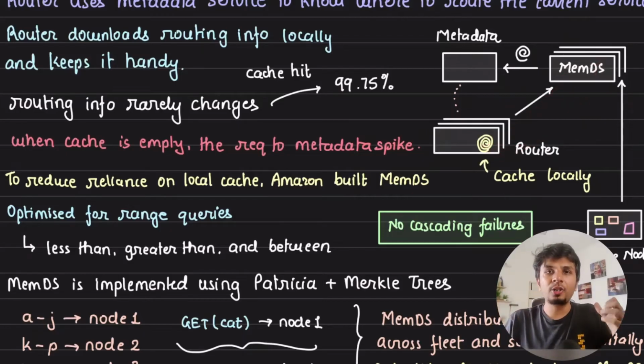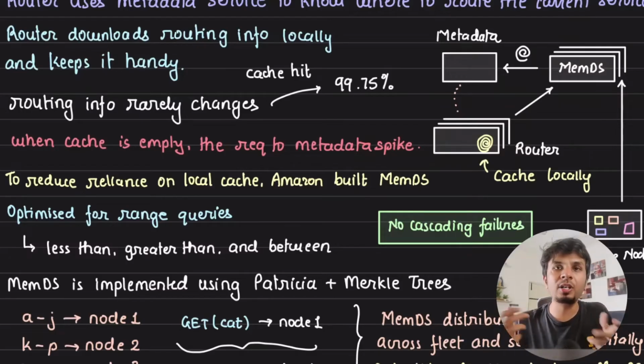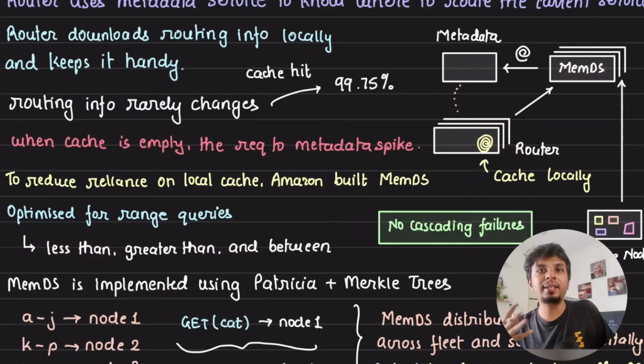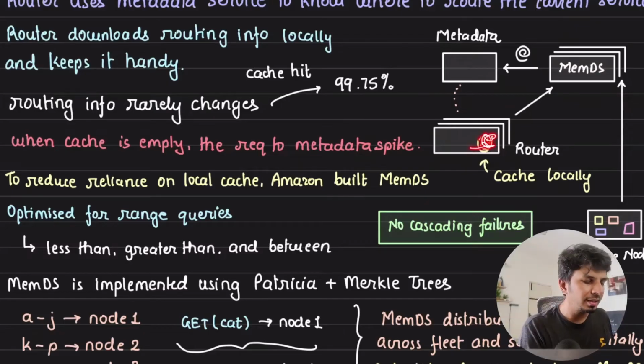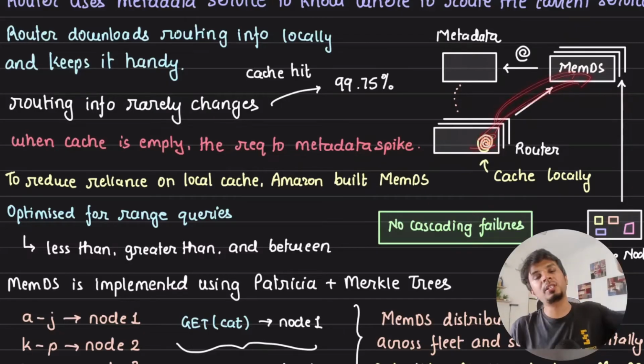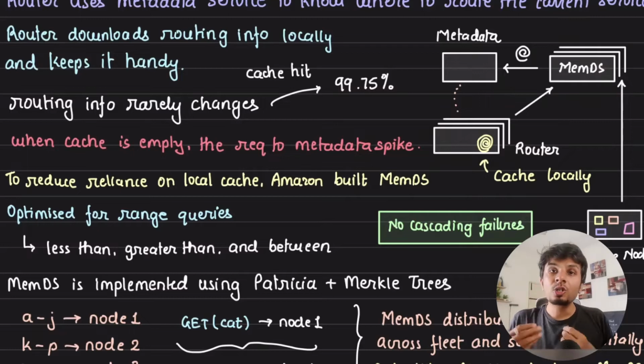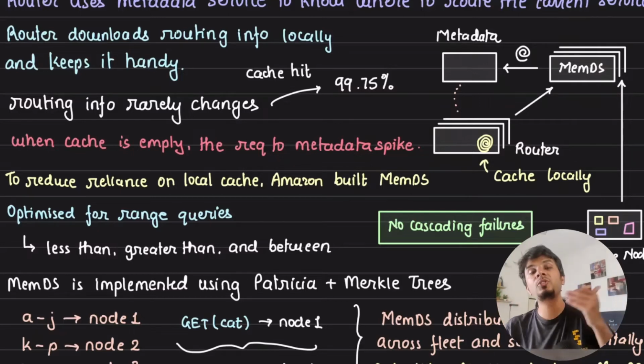It's like during peacetime, if soldiers are not prepared and are lazy, then during wartime you would not be able to win the war, right? Same thing over here: even though in peacetime there is a cache hit and no need to call MEMDS, you are still asynchronously calling MEMDS so that your MEMDS cluster is well provisioned and used to handling so many requests, right?